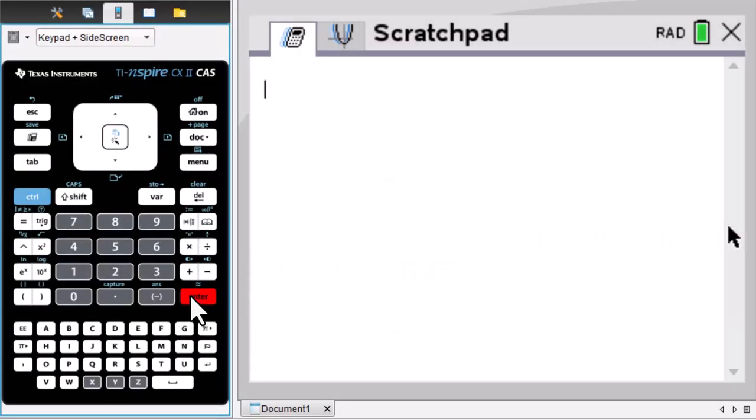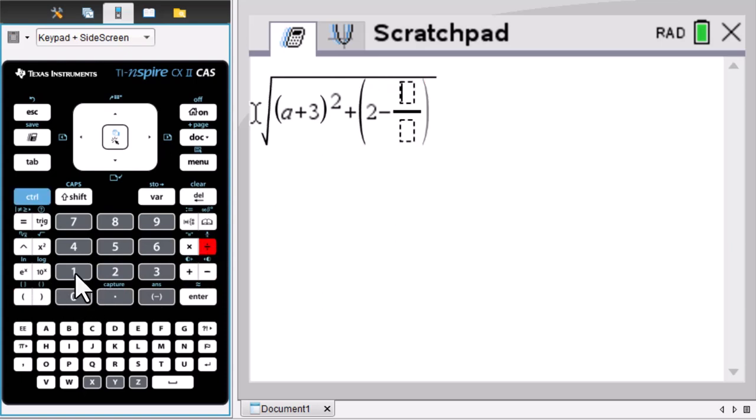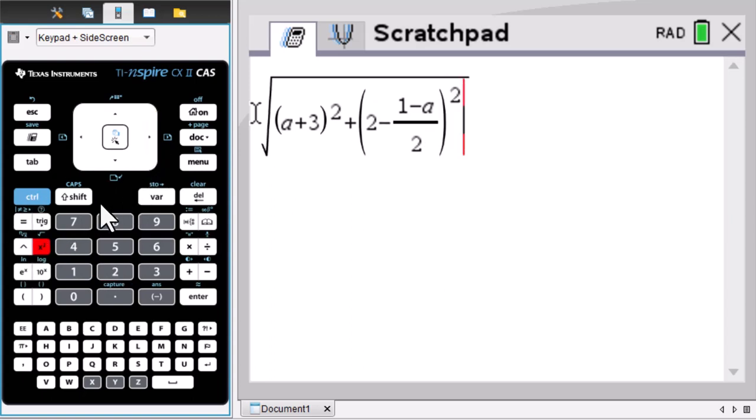Control menu, enter, clear the history. Control x squared to get the square root. a plus 3 squared, plus parentheses 2 minus control divide 1 minus a over 2, squared, equals 2 control x squared 14.